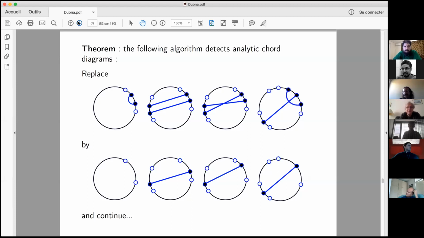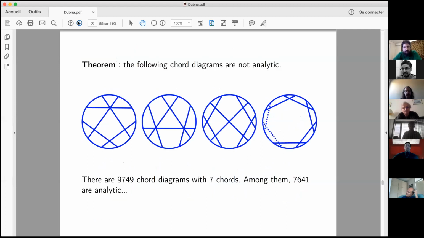So I did it on my computer and I did check on many examples. And I looked at the 9,749 chord diagrams with 7 chords. And I could find that among them, only 7,641 do come from an algebraic curve, and the rest does not come from an algebraic curve.